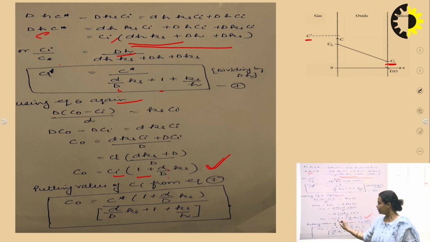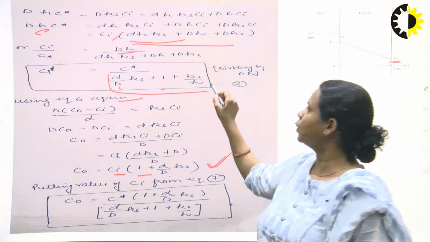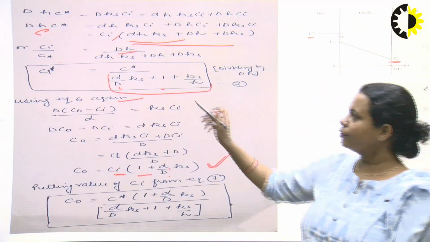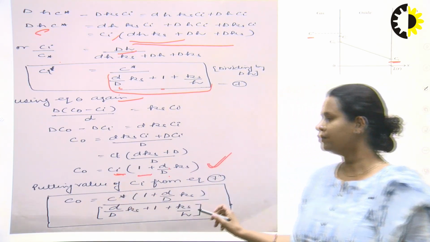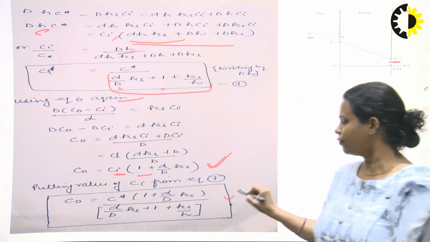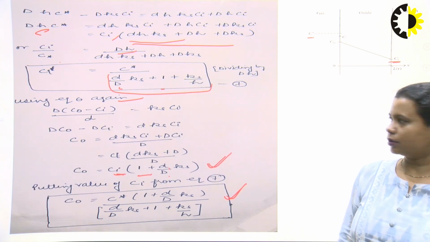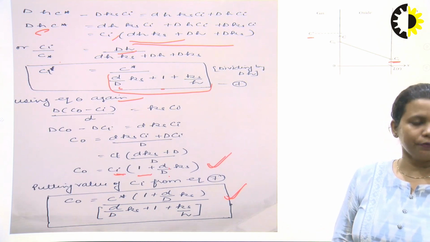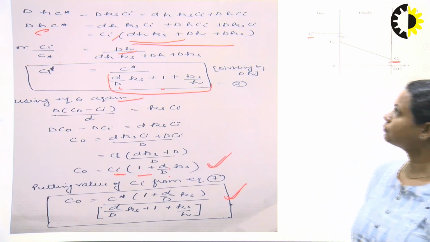This Ci we have to replace using equation 7, right? Here we got the value from equation 7, so we will replace this using this, and putting this we will get the value of Ci. This is your final value which we need to learn in this growth kinetics. This is a very important derivation which I have tried to make in an easy way.